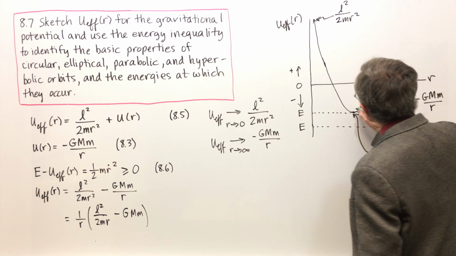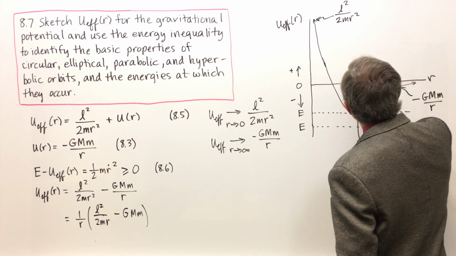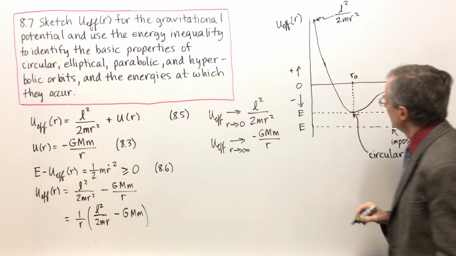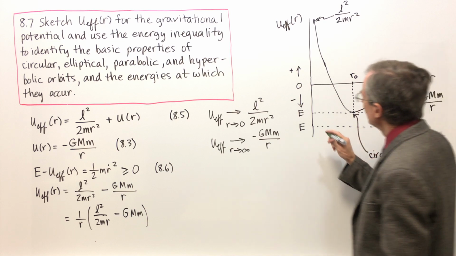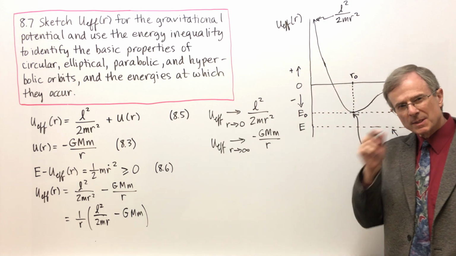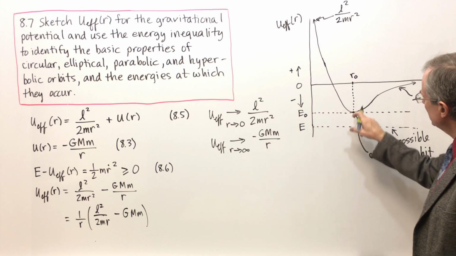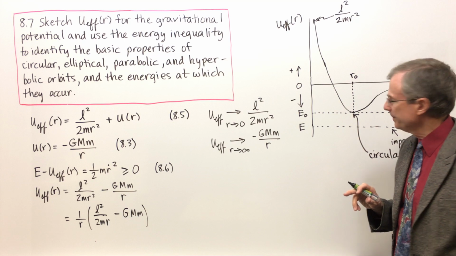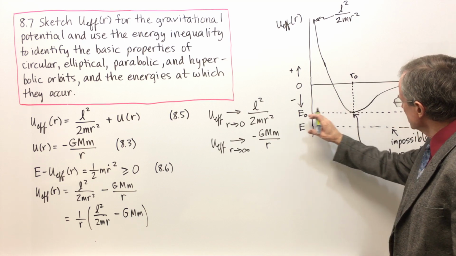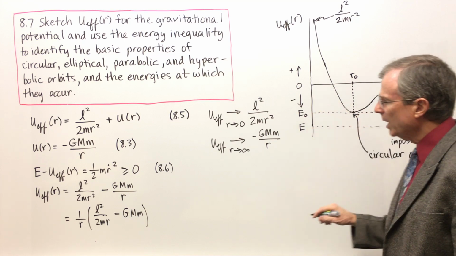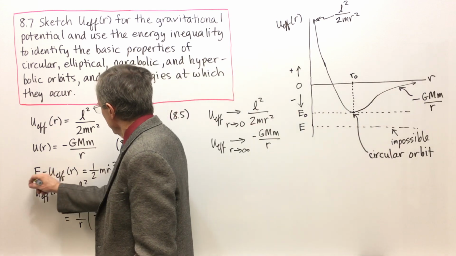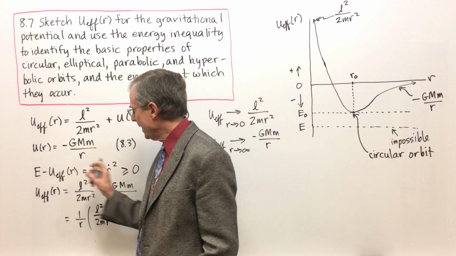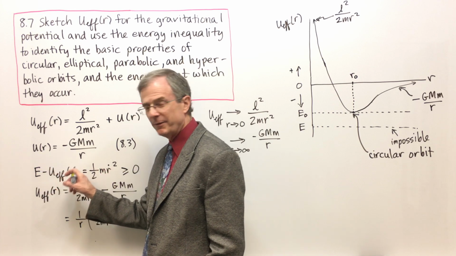Well, if I label this energy and the radius that's associated with it as E naught and R naught, then what we're seeing is that there's only one energy that satisfies this relationship, and it is that energy E naught, and that happens to occur for the value of R naught.